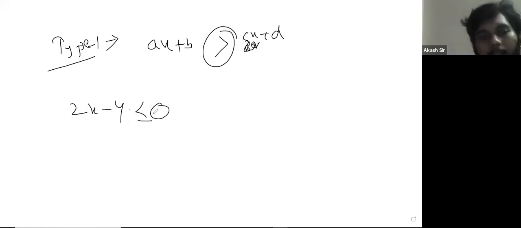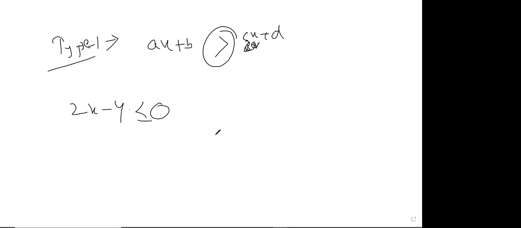Yeah, this is less than or equal to. So x is less than or equal to 2.